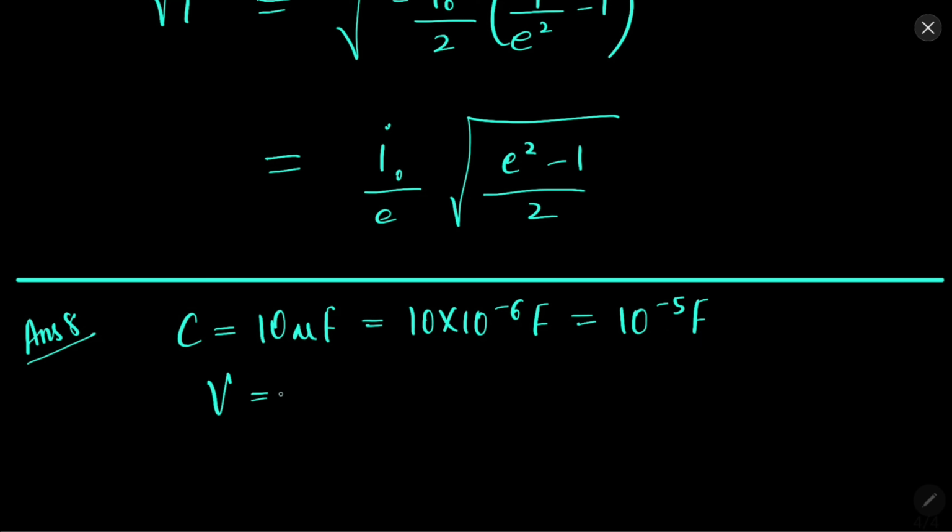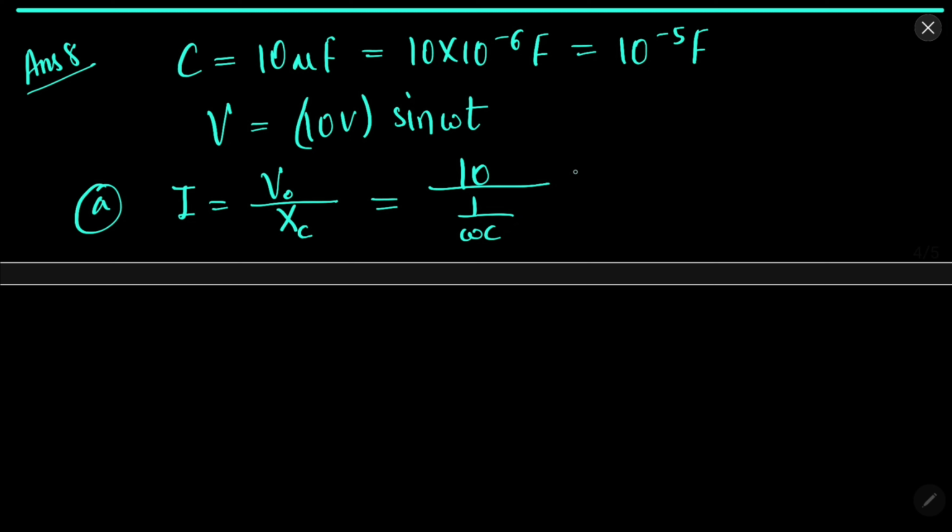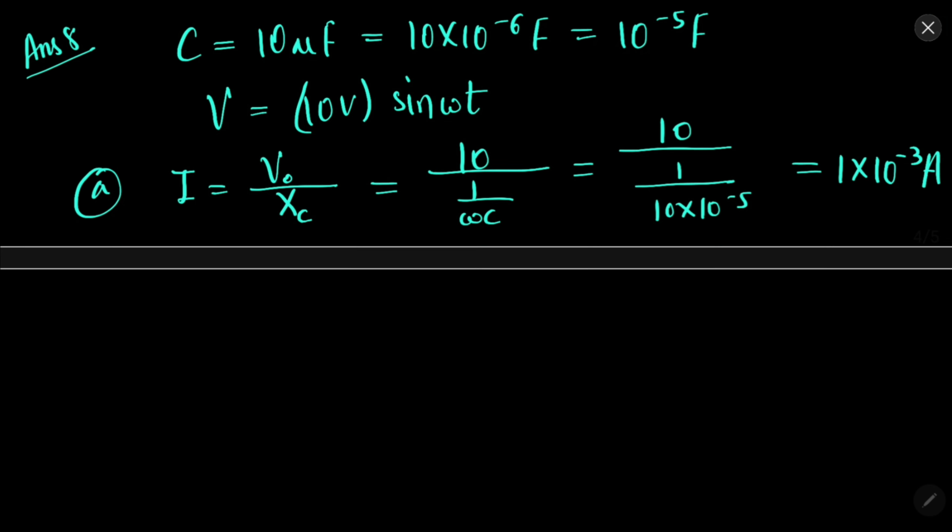Then voltage is 10 volt, V is 10 sin omega t. First, current can be found out by V0 over XC. So 10 over XC, which is 1 over omega C, 10 over 1 over 10 into 10 to the power minus 5, which will give us 1 into 10 to the power minus 3 ampere.